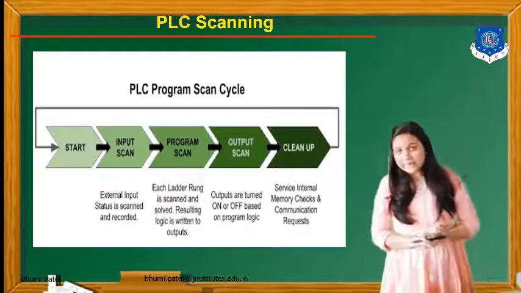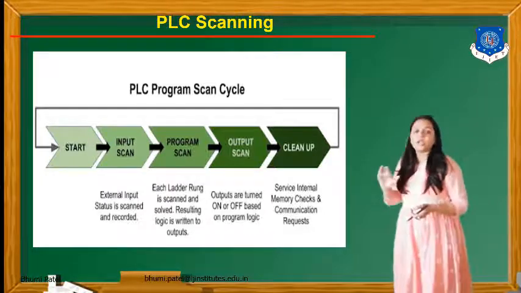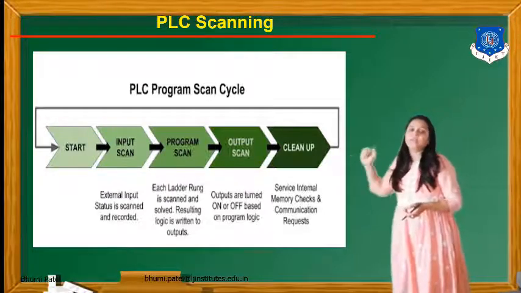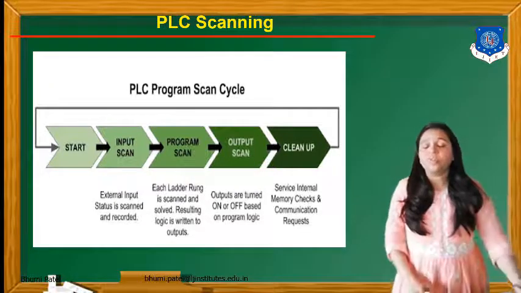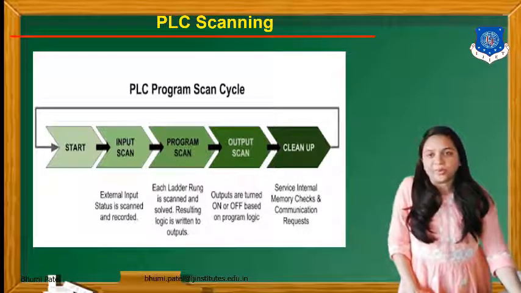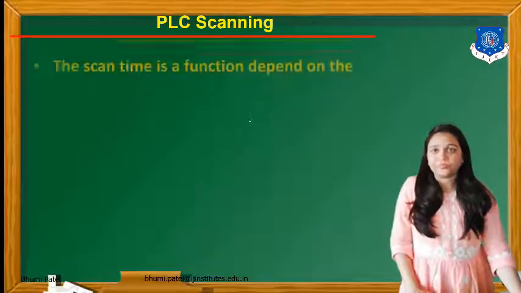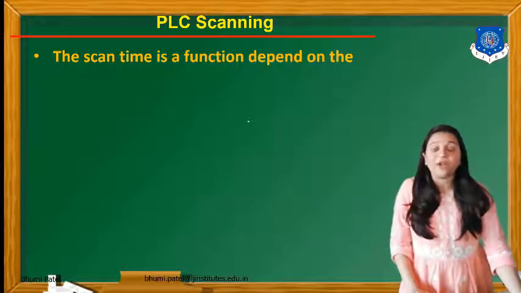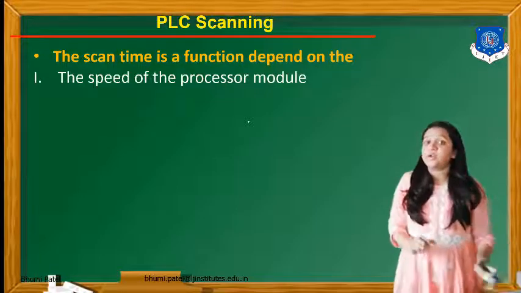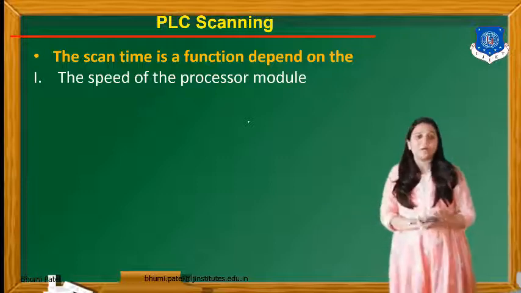Now in PLC scanning, 70% of the time is spent in the program scan because it is the main portion of PLC programming. The scan time is a function that depends on four things. The first one is the speed of the processor module.